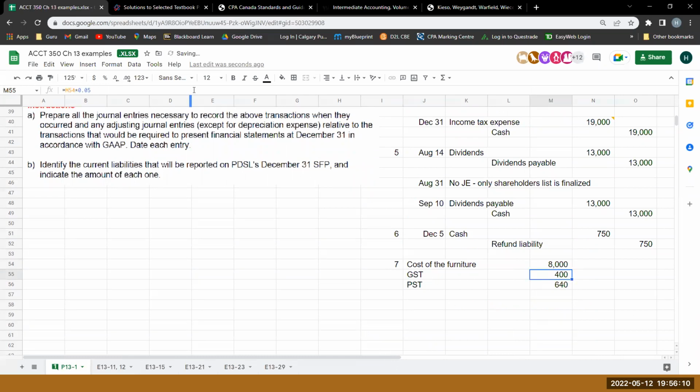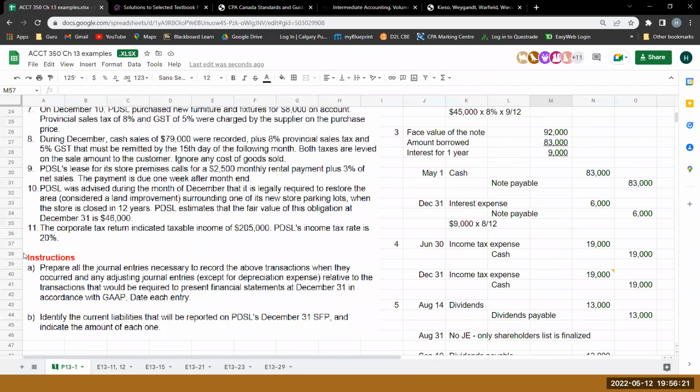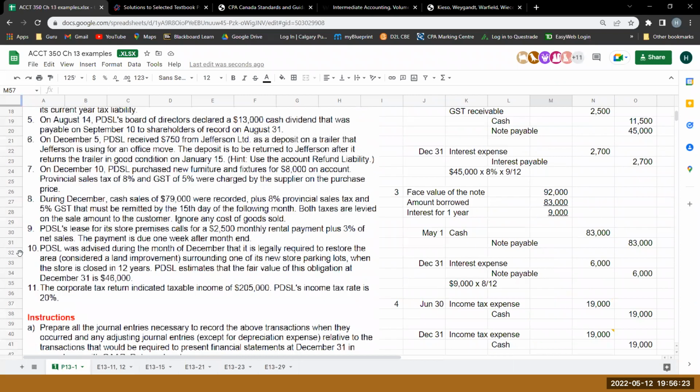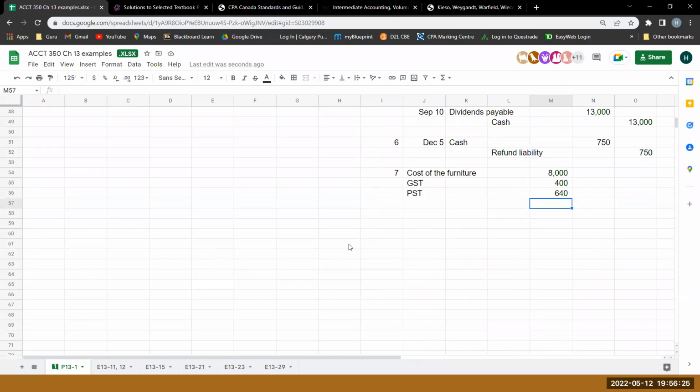The GST works out to 5% of 8,000, so that's $400. And the provincial sales tax is 8%, so that's $640. Now, this is a purchase that takes place on December 10th, and we bought it on account. We didn't pay any cash. December 10th, debit furniture and fixtures.